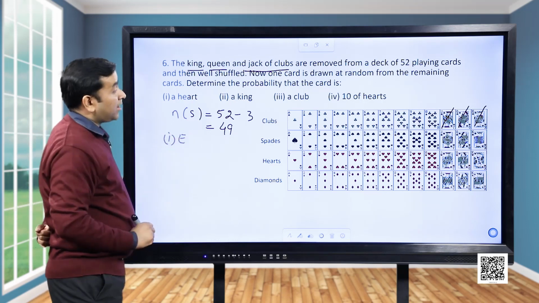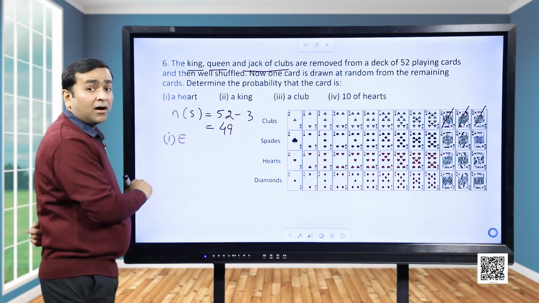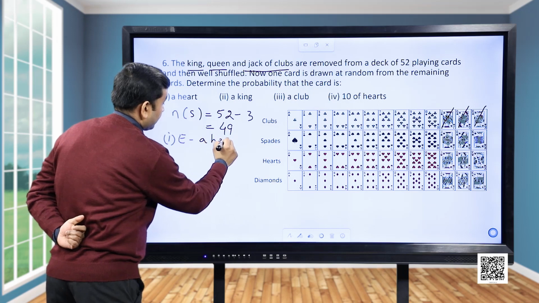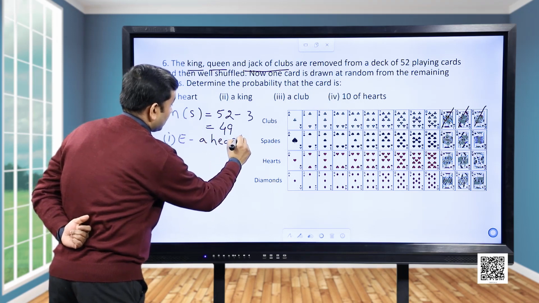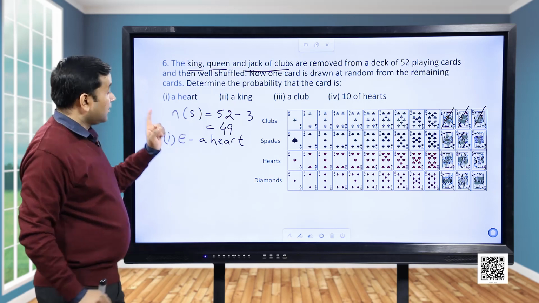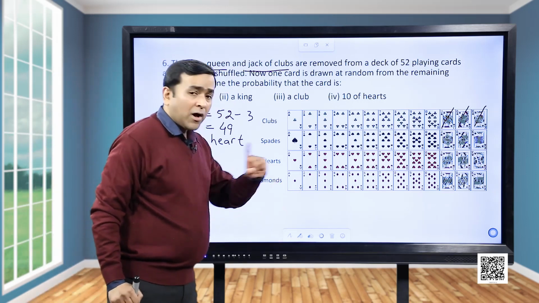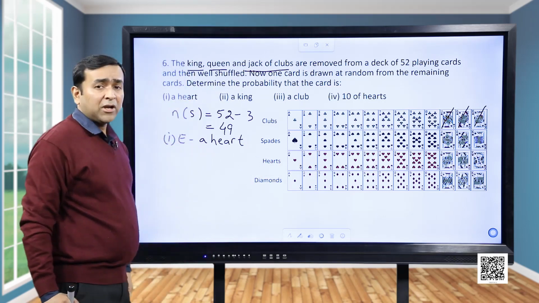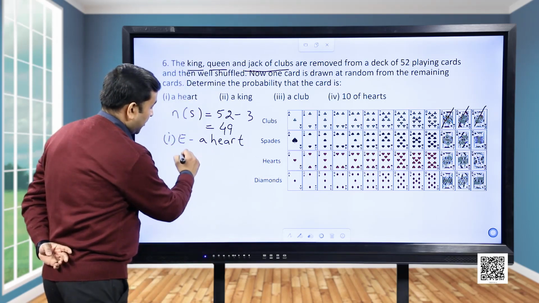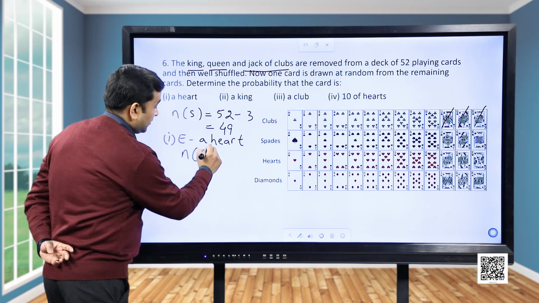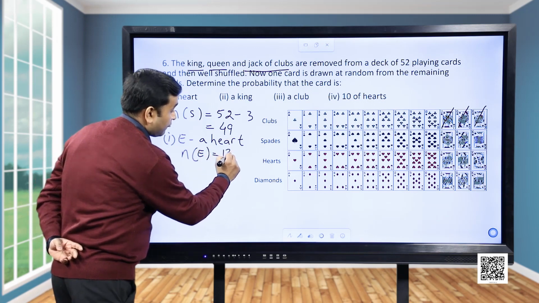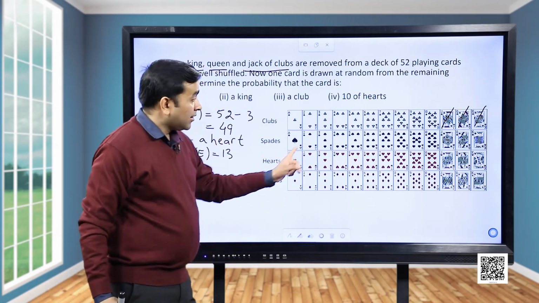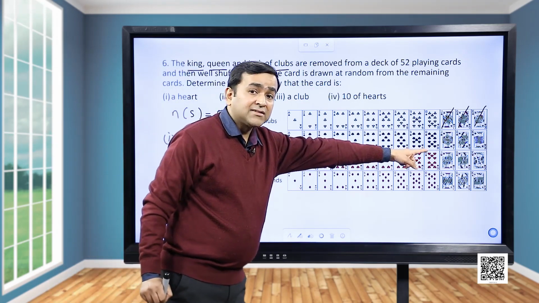E be the event that we have a heart. A heart means we need to have one heart out of all the 13 cards. So what are the favorable outcomes? The number of favorable outcomes is 13, right? Since we have 13 cards of hearts and all of the cards are there.